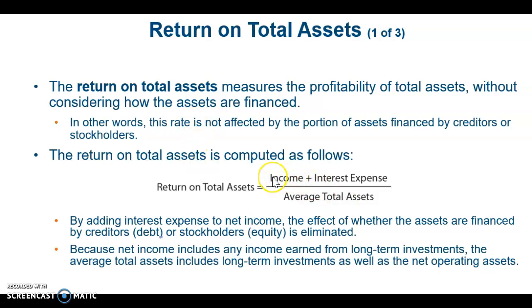So you're going to take net income plus interest expense, and then you're going to divide it by your average total assets. So you're going to get net income plus interest expense from the income statement, and you're going to get average total assets by looking at the balance sheet. So if it takes a lot of assets to earn profit, then it might not be a good number.